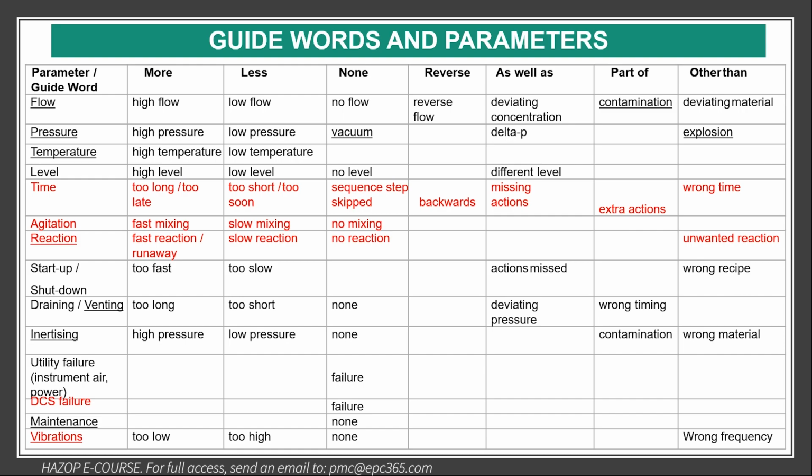Normally, we look here at flow, pressure: more flow, less flow, none, reverse, as well as part of and other than. For oil and gas we use the ones in black, but the ones in red, for example the fast reaction, slow reaction, runaway detection, are used for other industries.